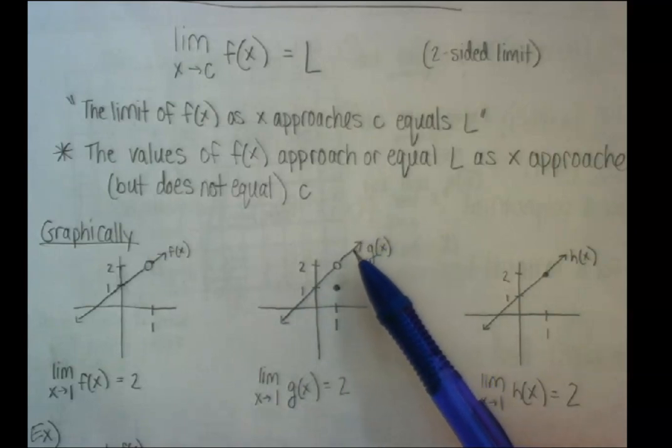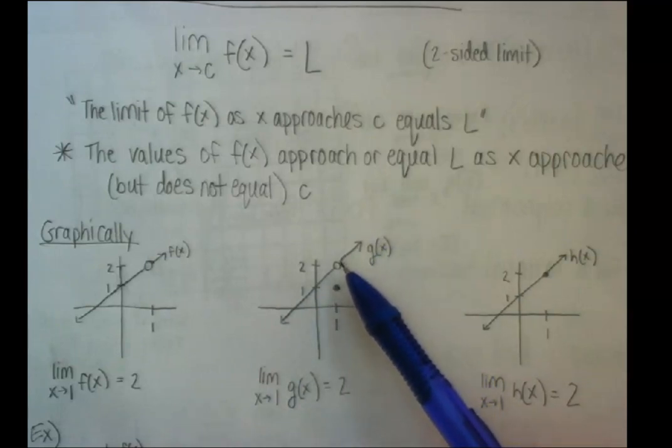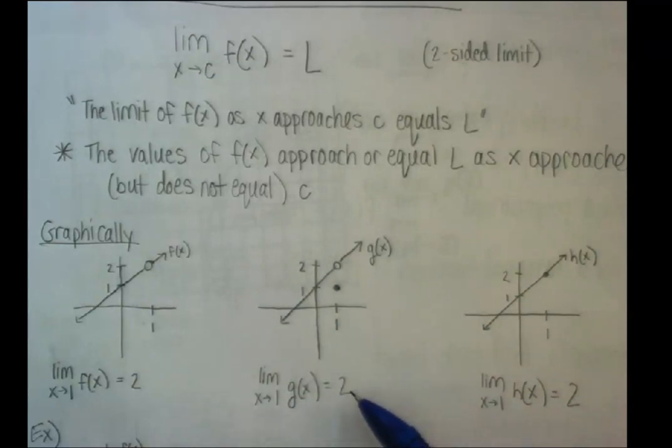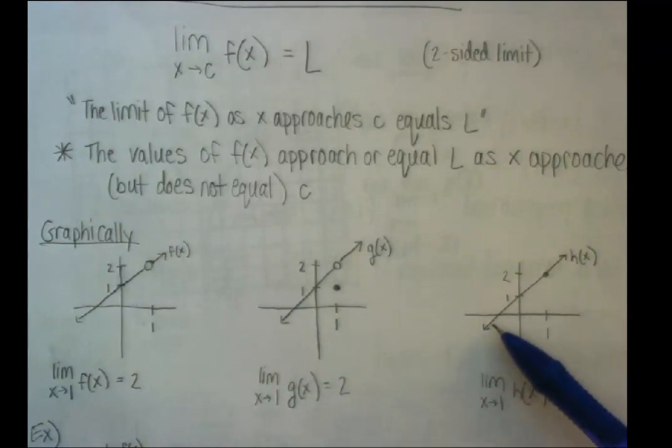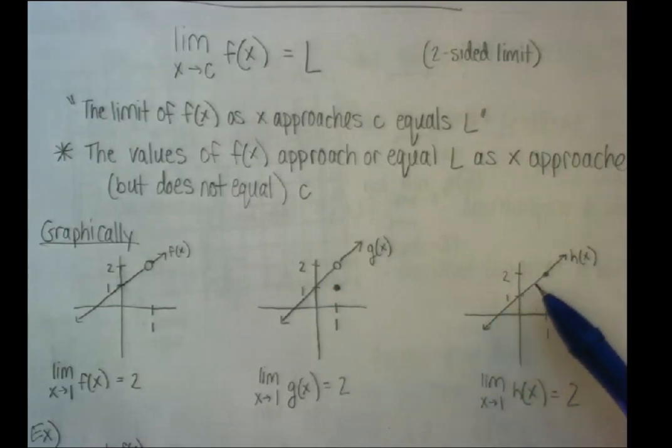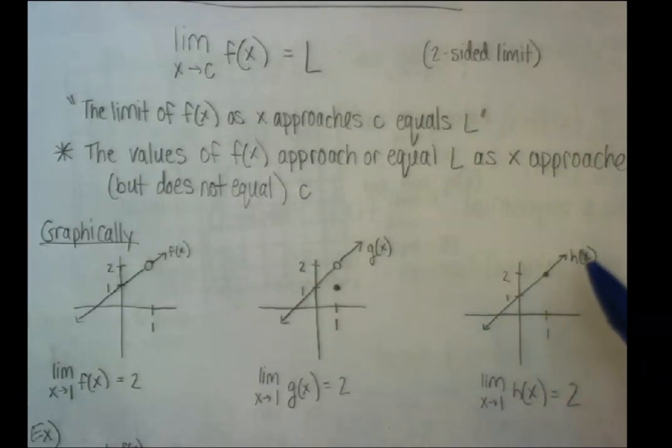Once again, from both sides, we're approaching the y value of 2, so the limit equals 2. And when we have a continuous function, no holes, it's the same idea. As I approach x equals 1, what is the y value that I'm approaching? As long as it's the same on both sides, we would say there's a limit and it equals 2.